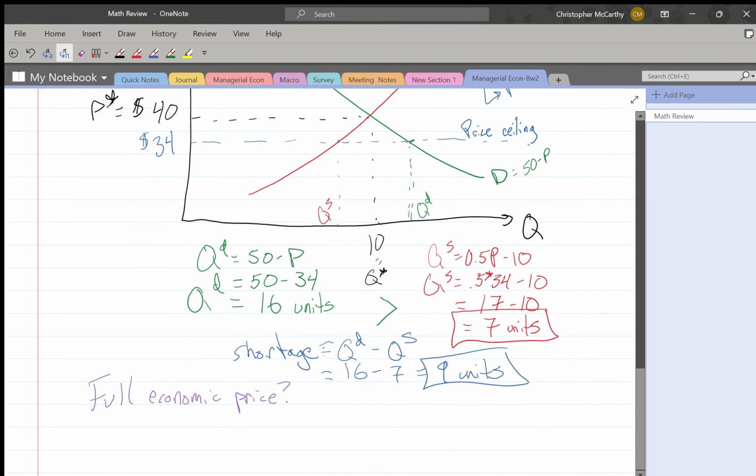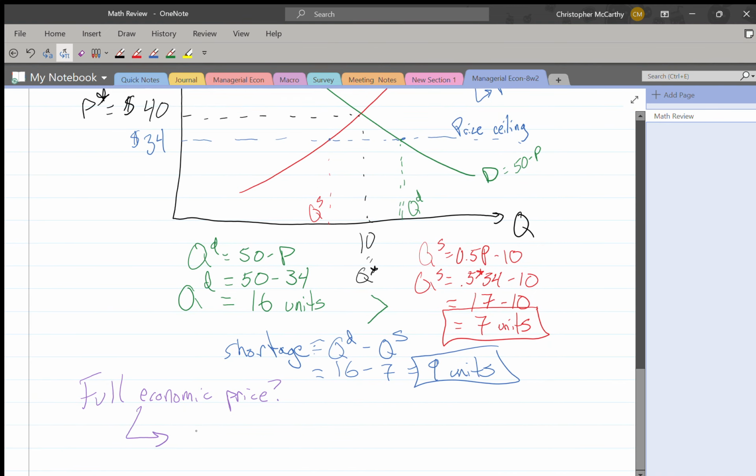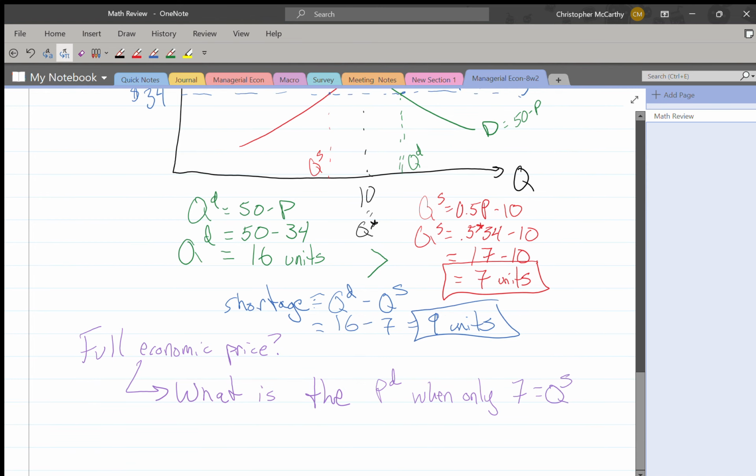This is the price that is part of the demand equation when only 7 units are supplied. So how are we going to calculate this? We're going to take this demand equation and set it equal to 7.